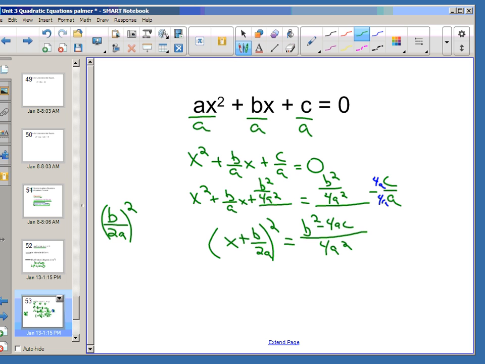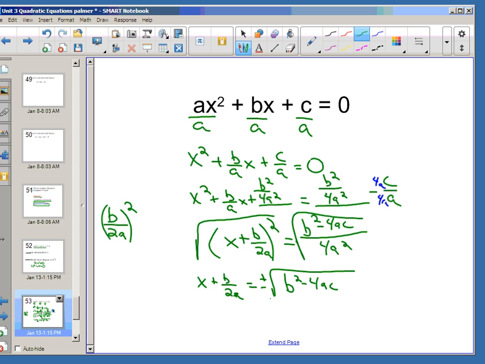All right, so then the last step is to take the square root of each side. So x plus b over 2a is equal to plus or minus the square root of b squared minus 4ac all over 2a.